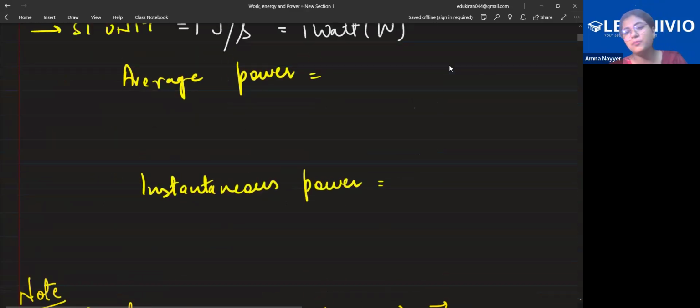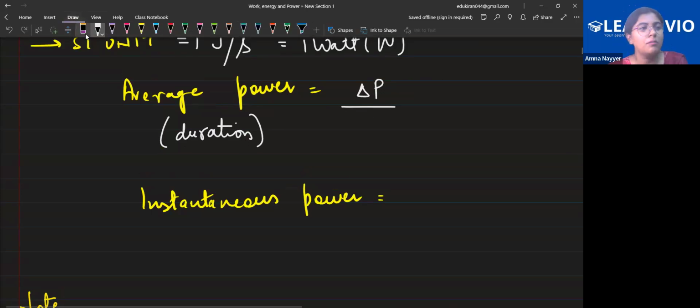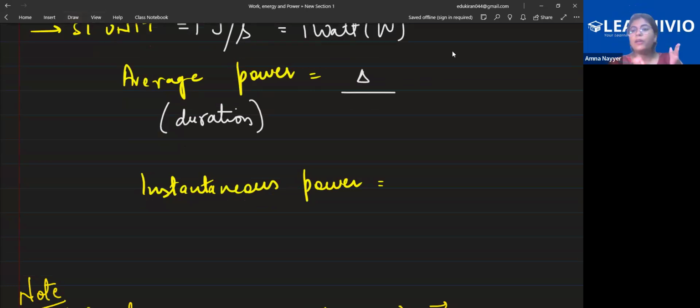Now, average power and instantaneous power. By this time, you should be very clear when to use instantaneous power and when to use average power by yourselves without me telling. Average, we have always discussed whenever you are having a duration, and at that time you take the change in work done over the time duration. How do you calculate change? This delta symbol, what does it symbolize? Delta means you are calculating the change, which is final minus initial.